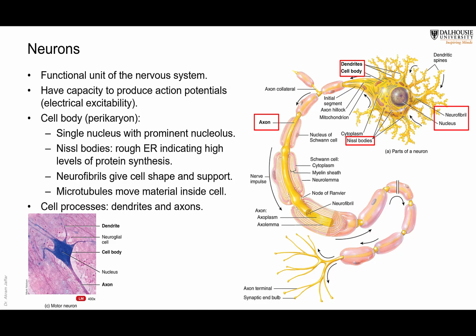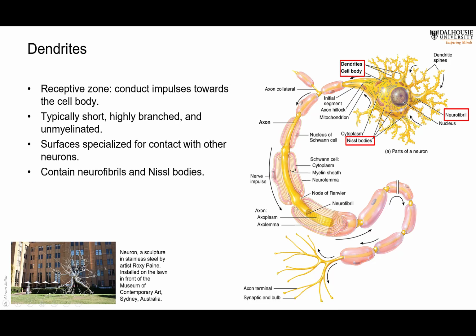I'm sure that when I talk about the processes, it will be like high school biology. We have the dendrites and the axons. Usually we have multiple dendrites, as you can see here. The dendrites are the receptive zone. They conduct impulses toward the cell body, toward the perikaryon, as you can see from the direction of the arrows. They are short and branched.